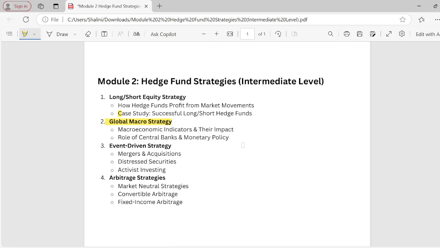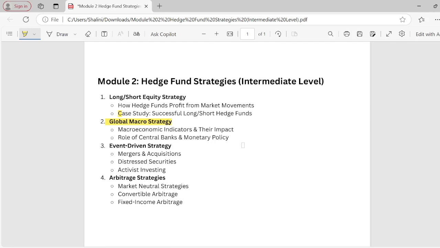They invest in currencies, commodities, bonds, and equities based on macroeconomic trends. For example, a hedge fund may short the Japanese yen if it expects the Bank of Japan to lower interest rates. If the US Federal Reserve raises interest rates, a hedge fund might short gold because higher rates reduce gold's appeal.